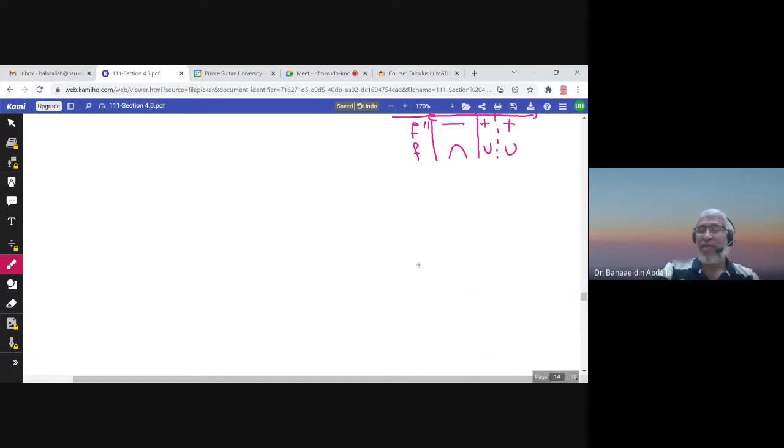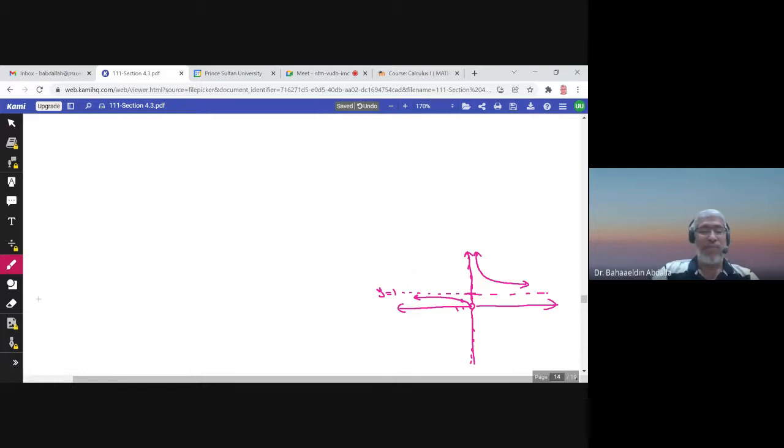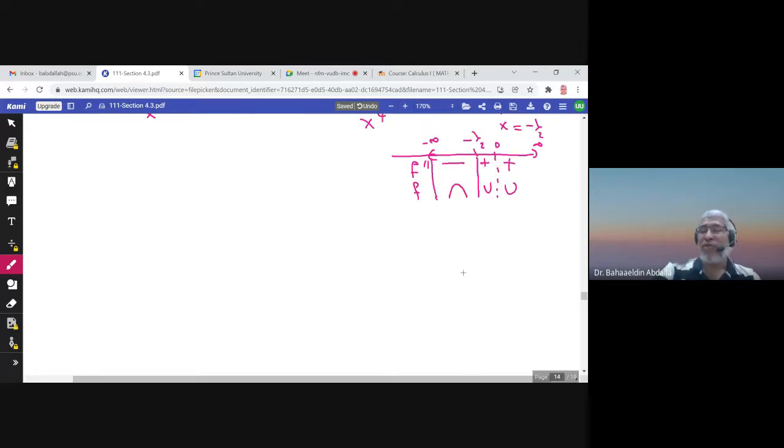But from negative half to 0, the function has to be concave up. So it doesn't approach the 0 like this. It approaches the 0 like this. So it's concave up from negative half to 0, but concave down from negative infinity to negative half, and concave up from 0 to infinity.